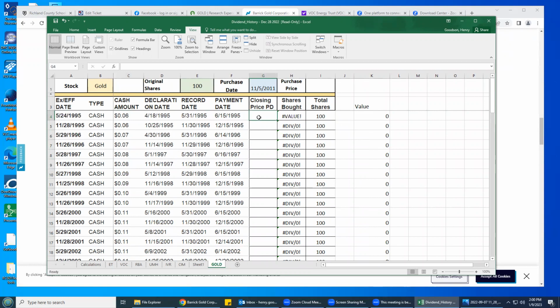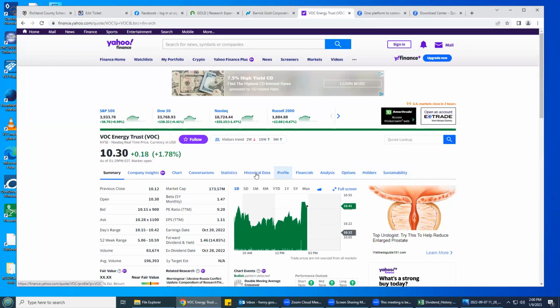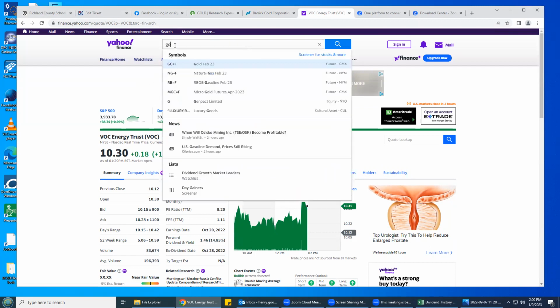And what you want is the closing price. So you got to go back. If this matches up with that other dividend sheet, then you go to Yahoo, finance.yahoo.com, and you tell it to do historical data.